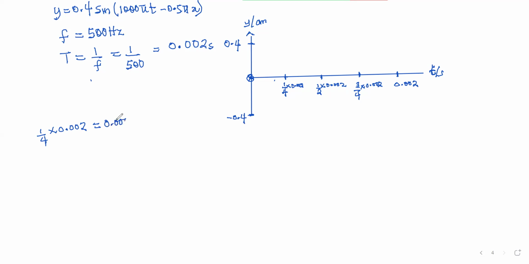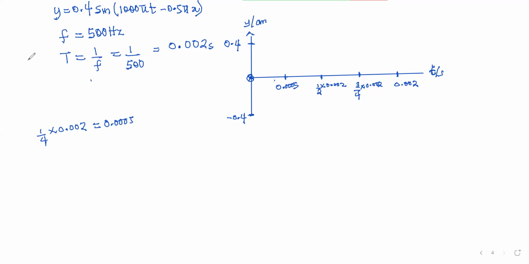Okay, so we can put it there. This is 0.0005. I just did this to show you because we've been using the equation. Now half of 0.002.